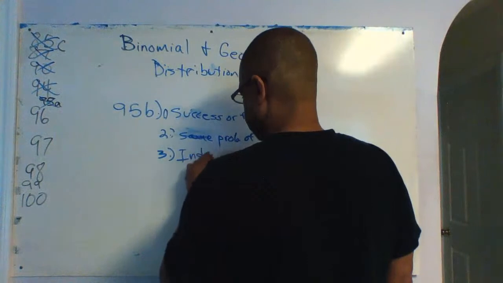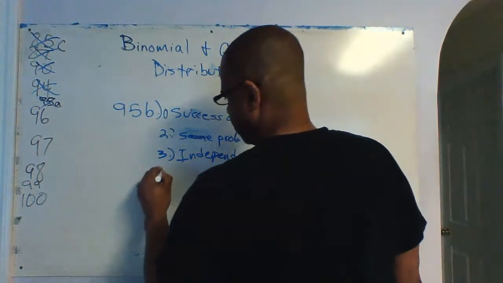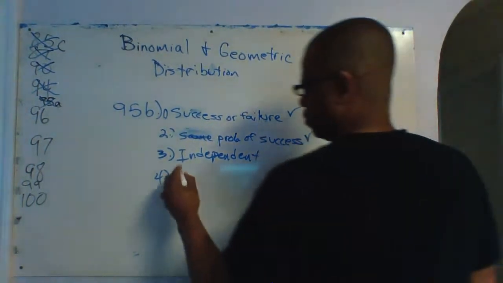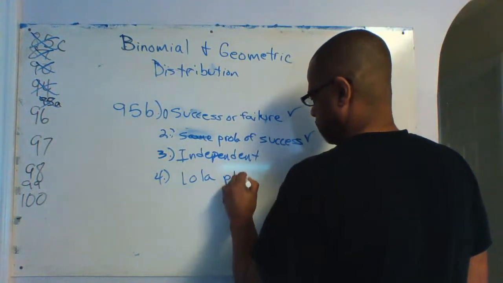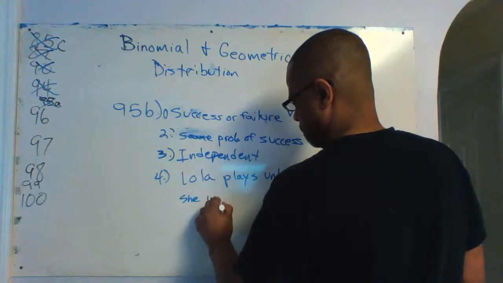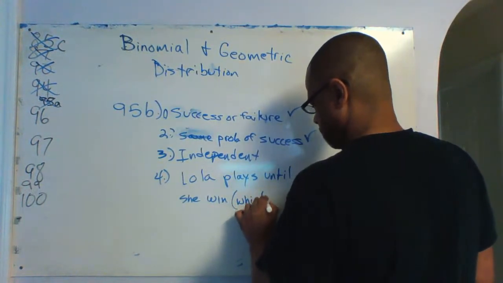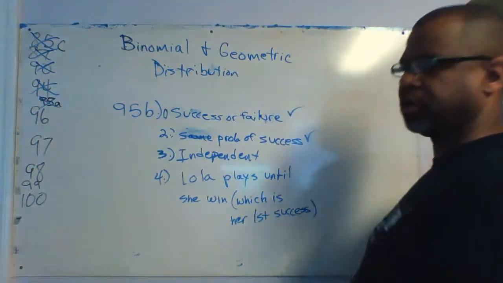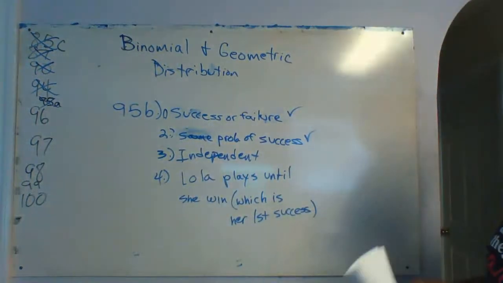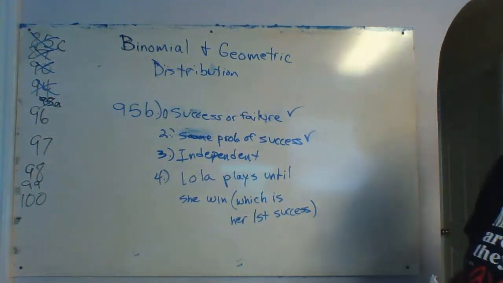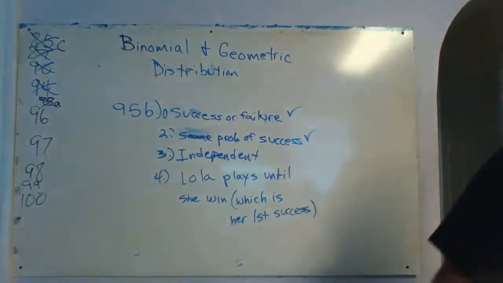Then the trials are independent. And then the fourth one tells you, if you look at the B part, it said Lola decides to keep playing until she wins. Which is her first success. They didn't say until she wins all 20. It said until she wins. All right. So let's move on to 96.